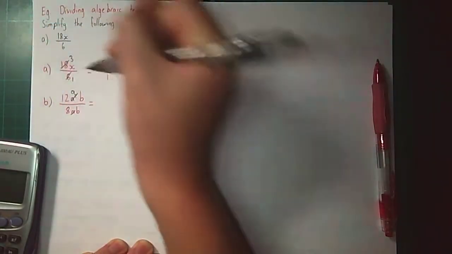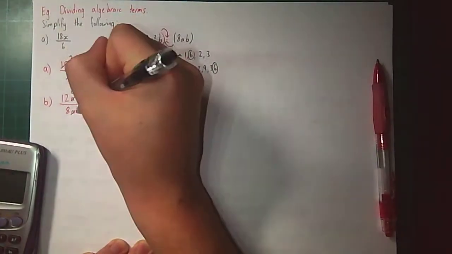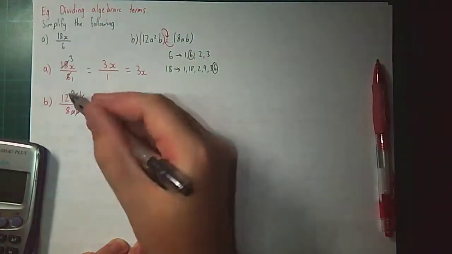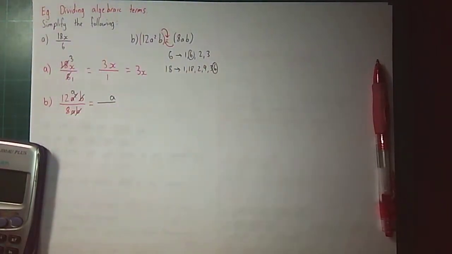So I can cancel that single a. So we'll have no a's on the bottom, and we'll have 1 a on the top. We've got 1 b here and 1 b here, so we can cancel those b's, and we'll be left with just an a on the top of the fraction. And that's all the letters done.